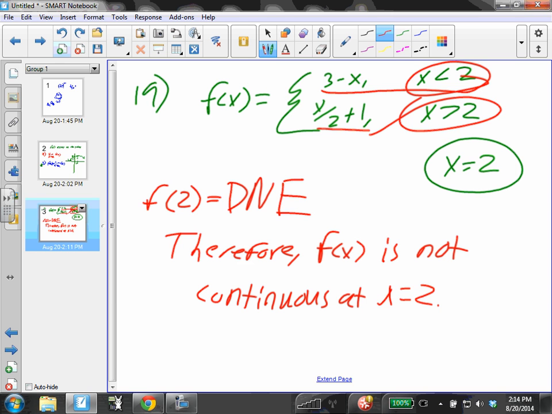So since we failed on step 1, f of x is not continuous at x equals 2. Right? Nice and simple. Okay, so that one failed on step 1.